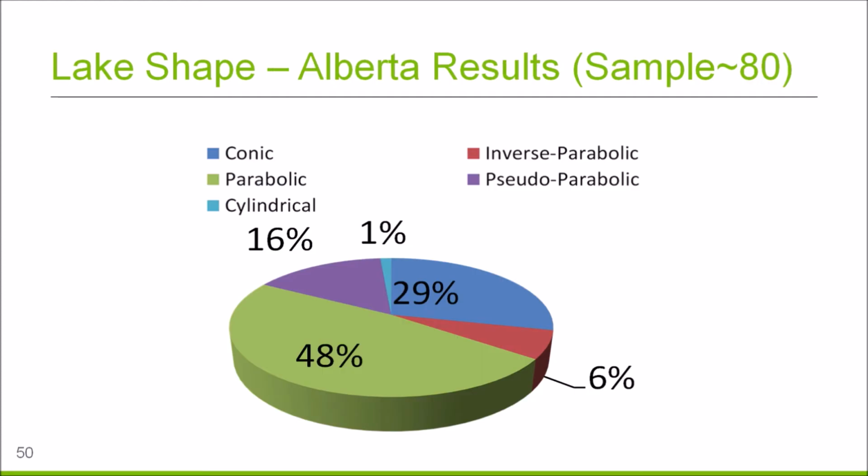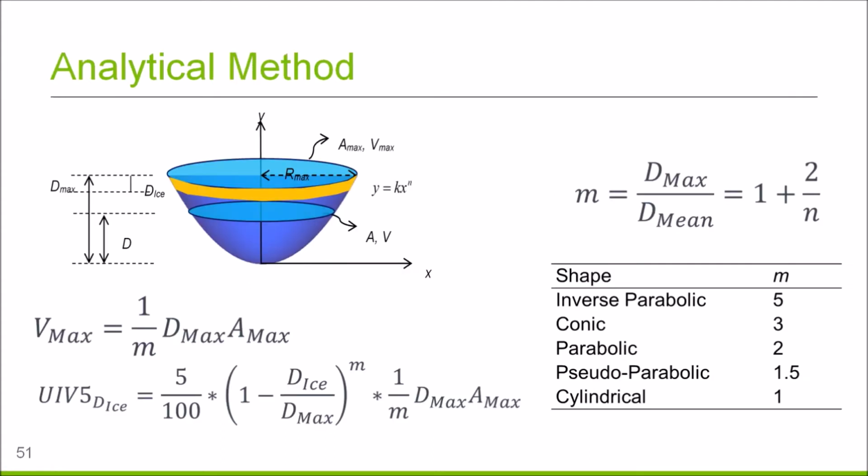Based on that analysis, we found that a majority of our lakes are either conic or parabolic. Again, this is based on about 80 lakes, so it's not representing all the lakes, but that's the data we had handy at the time. Some lakes are pseudo-parabolic, which is in between parabolic and cylindrical, and we also have some lakes which are inverse parabolic.